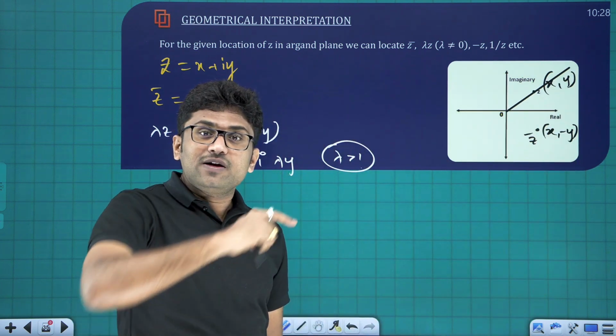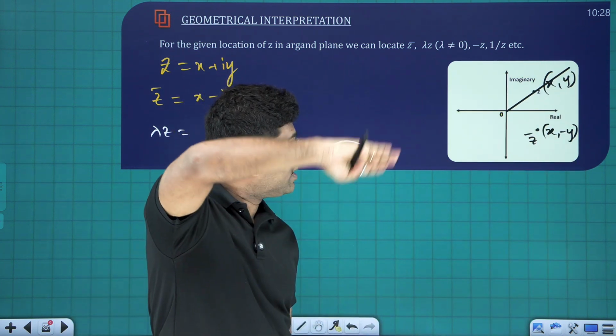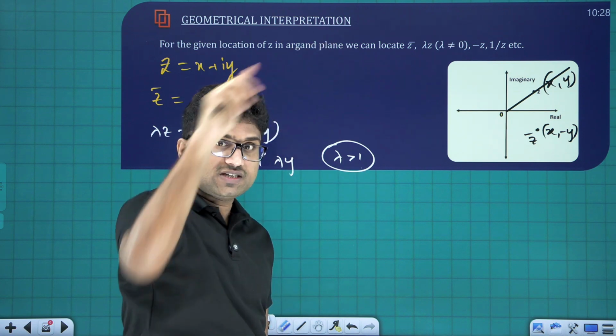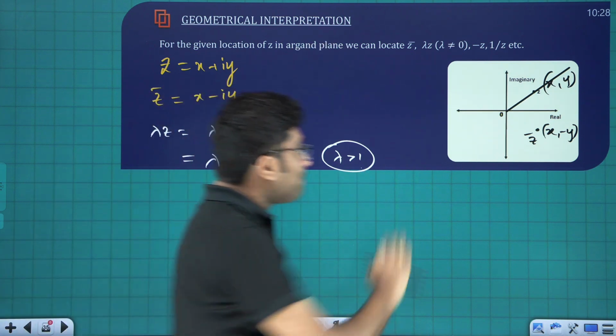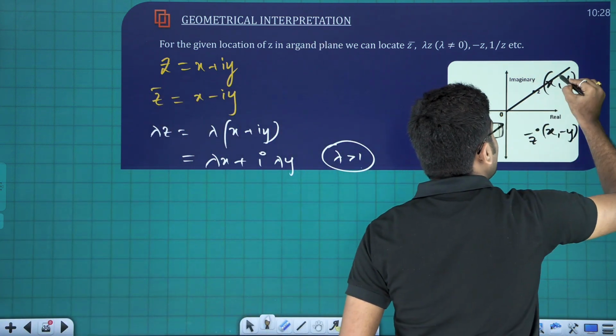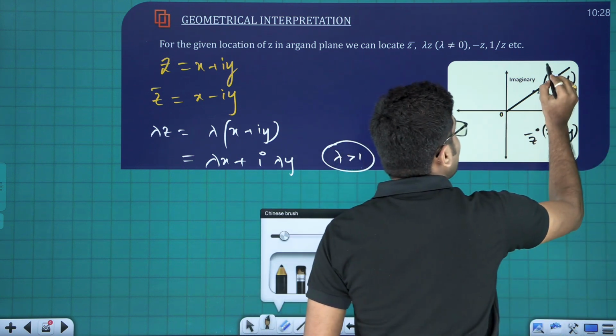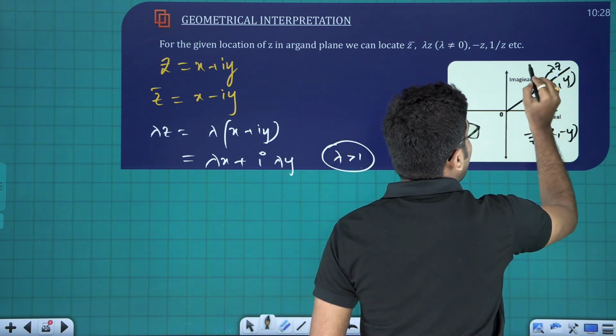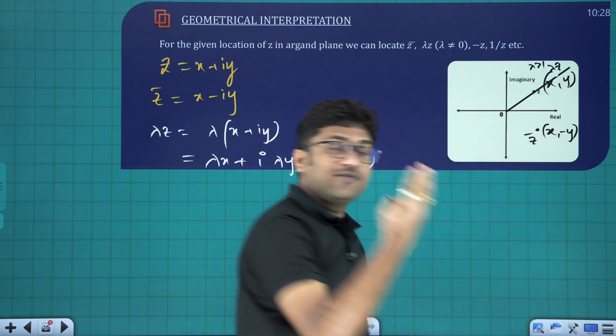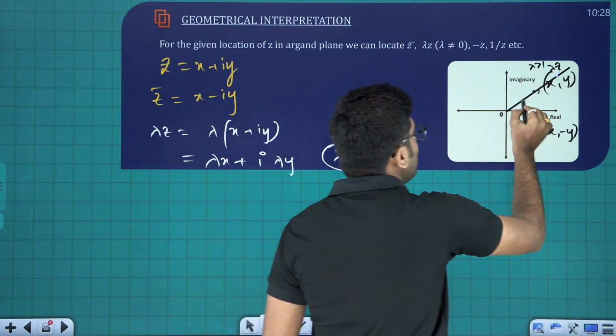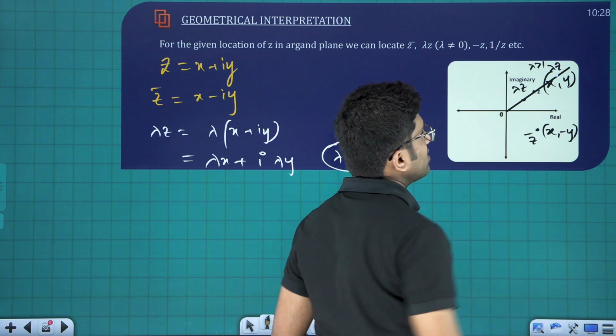This lambda z will be lying on the same line joining O and z, but away from z. So somewhere here we will have lambda z, if lambda is greater than 1. If lambda is less than 1, then you will find lambda z here only, friends.